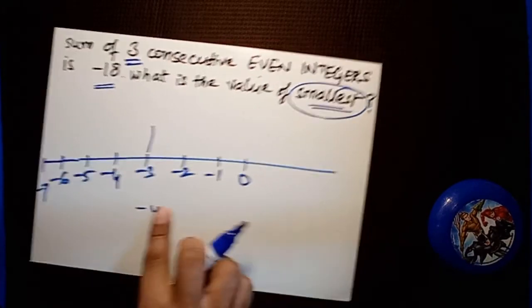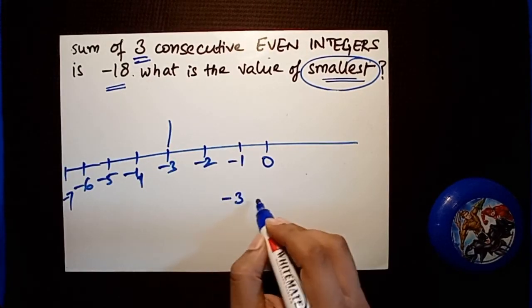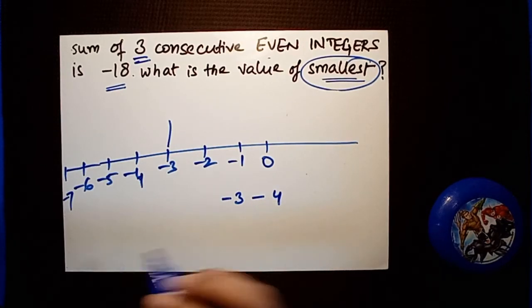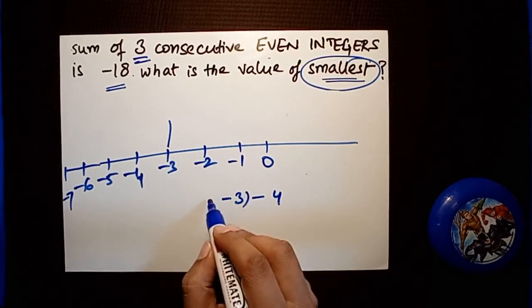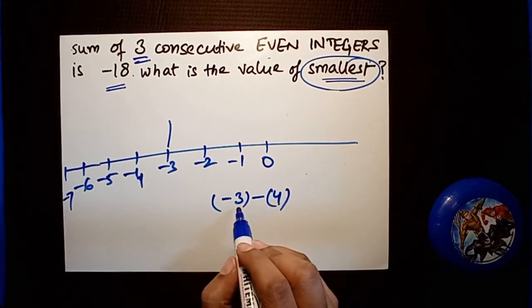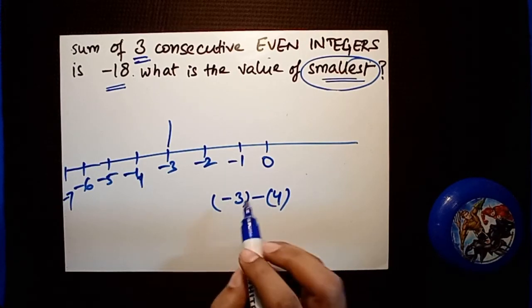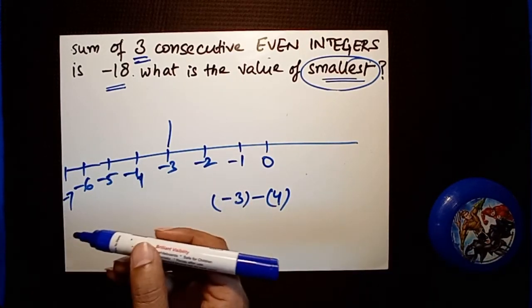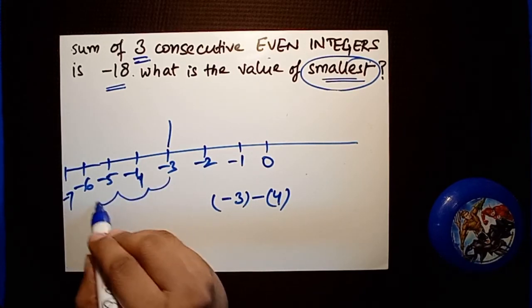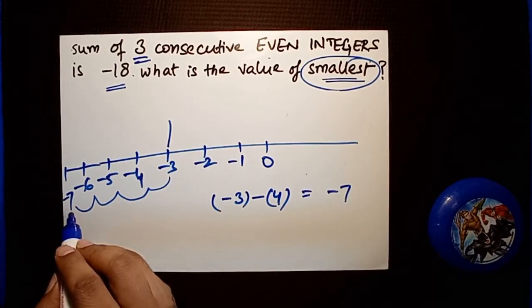I want to add, you can say, subtract 4 from minus 3. This is one way to look at it. So minus 3 minus 4 becomes subtract 4 from minus 3. When you subtract, we go in the left direction on the number line. So 1, 2, 3, 4. So this becomes minus 7 because I landed at minus 7.